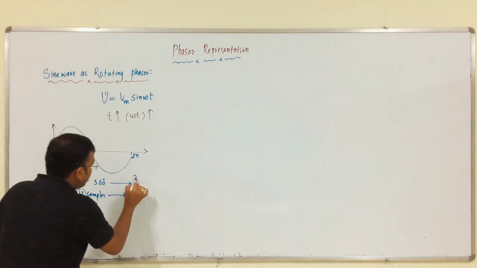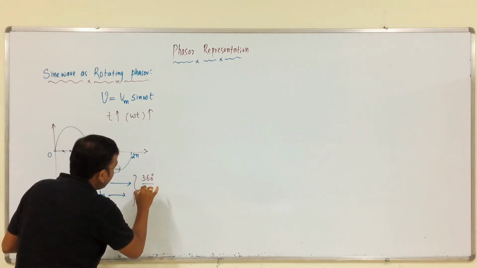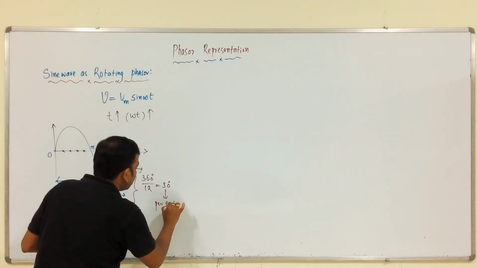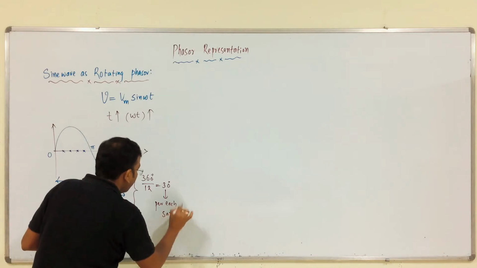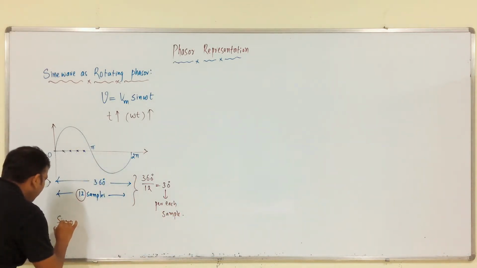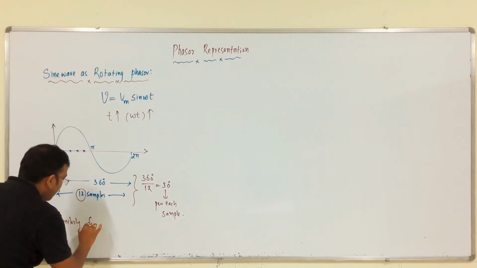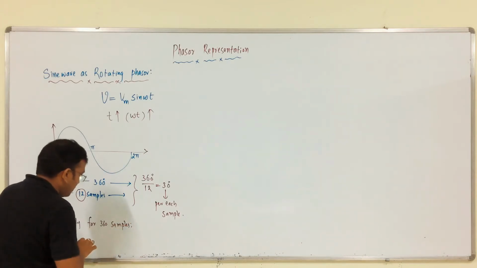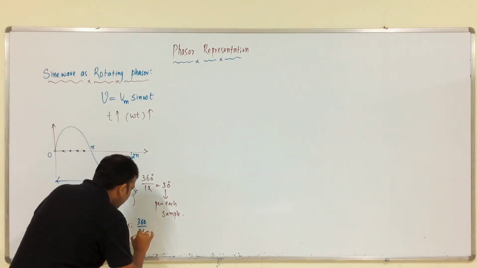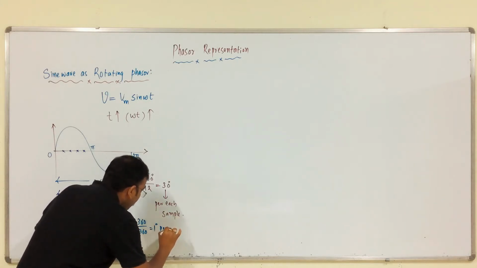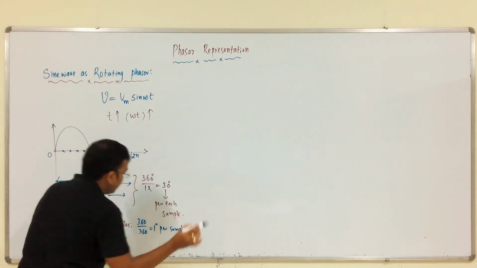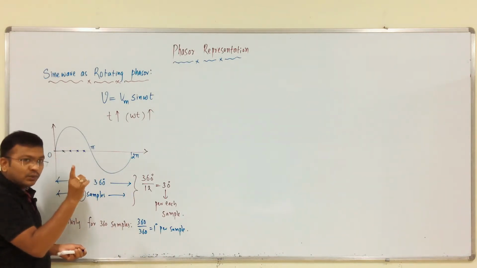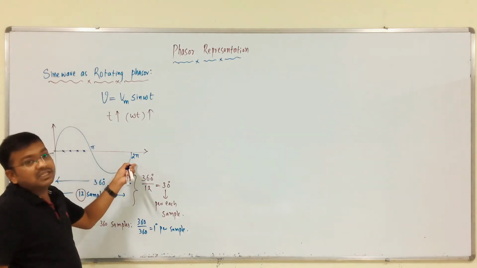So, 360 degrees by 12 samples means 30 degrees per sample. Similarly, for 360 samples, it is 360 by 360, that is 1 degree per sample. 1 degree per sample means the time instants go 0, 1, 2, 3 and so on up to 360, that is 2 pi.